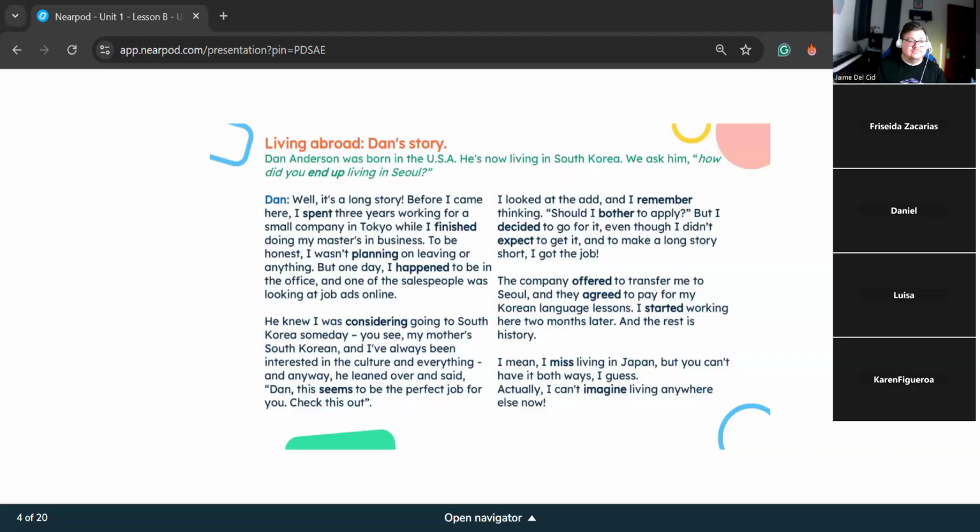Mm-hmm. That's right. So lots of reasons, right? But the benefit that he got from his company is that they agreed. Of course, first they offered him to transfer to Seoul, and they agreed to pay for the Korean language lessons. So that's good. So we have that covered.